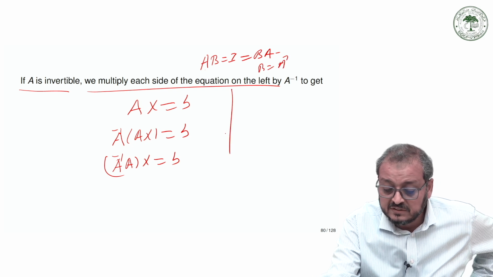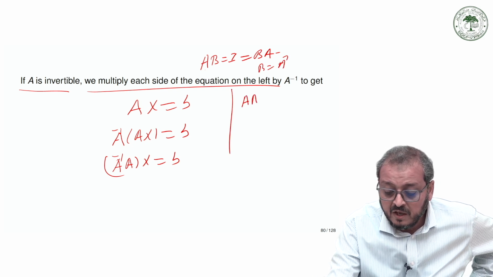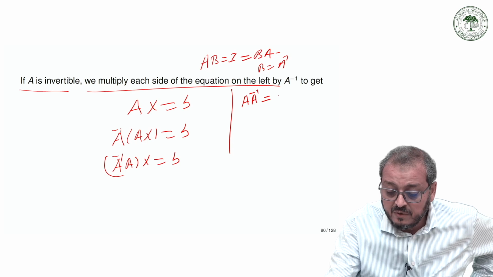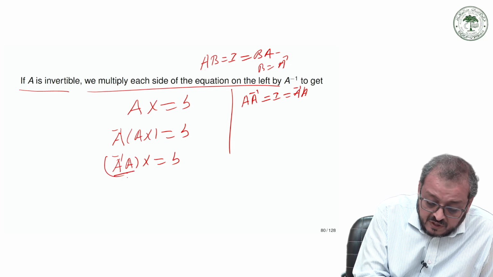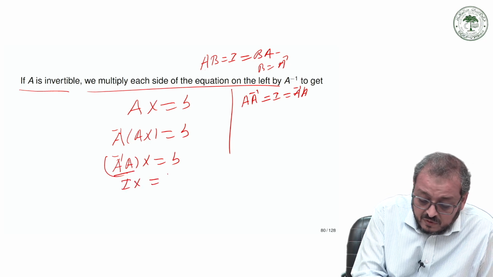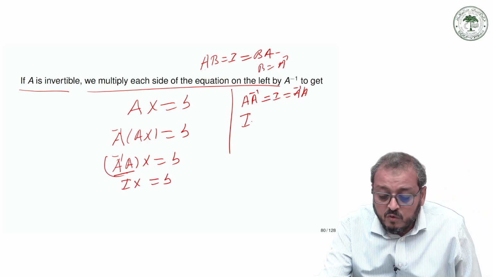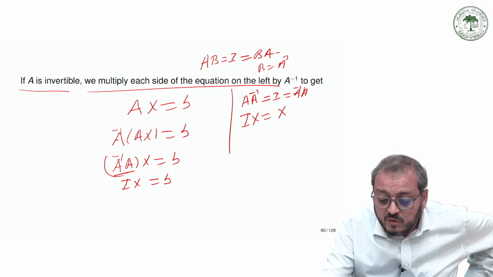So A inverse A is the identity, and by this property, identity times x is B's counterpart, and identity times the variable x is x itself.